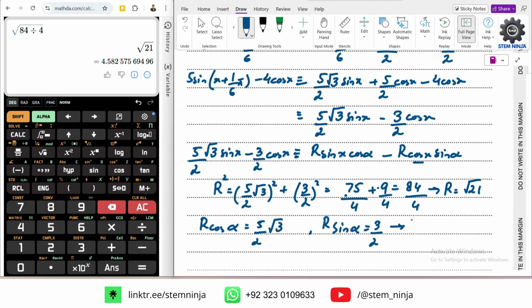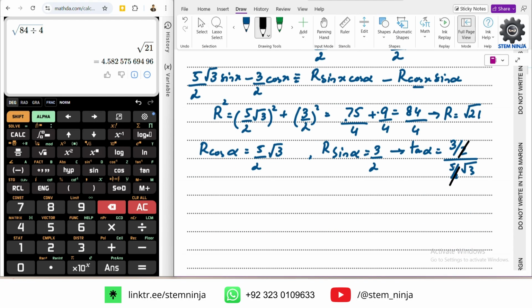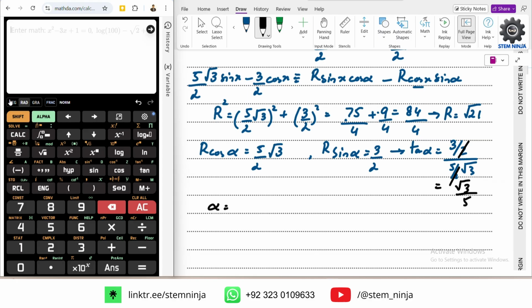So therefore your tan alpha is 3 by 2 over 5 over 2 root 3. So basically the divide by 2 gets cancelled. So it's just 3 over 5 root 3 or root 3 over 5. So the alpha therefore would be, we need it in radians.